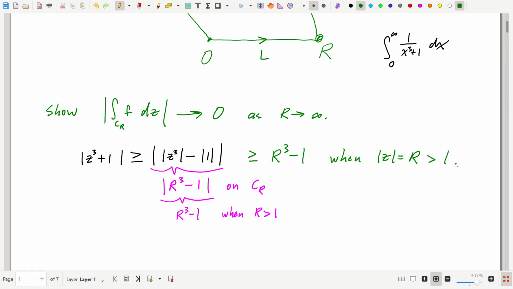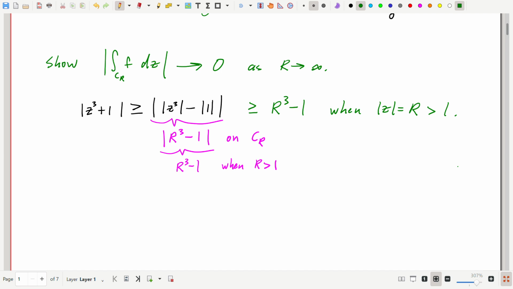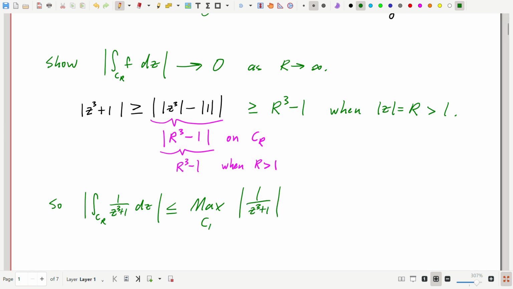And that's the key. So the basic integral estimate, the integral along c sub r of 1 over z cubed plus 1, would be less than or equal to the max of the modulus of 1 over z cubed plus 1 on c sub r times the length of c sub r.